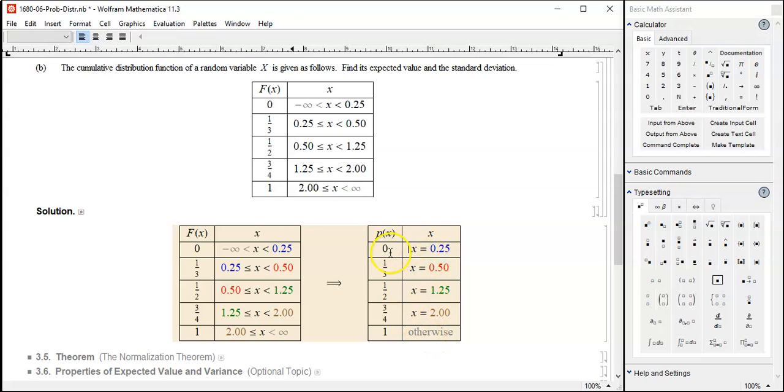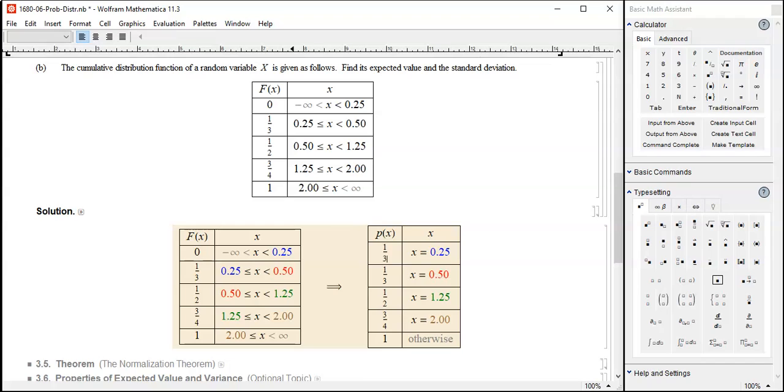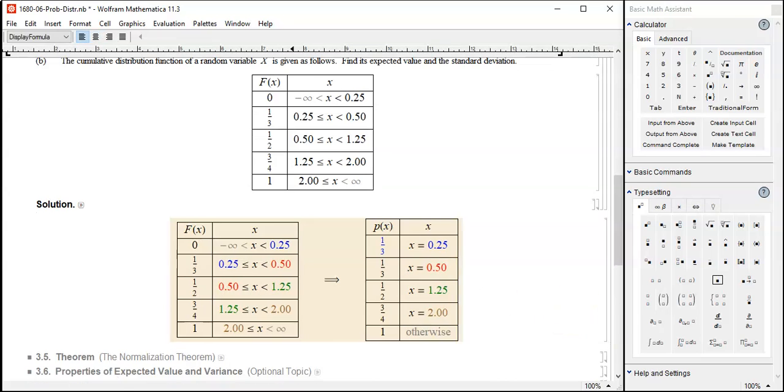These are the possible values. And then the probability. Okay, what do we have here? From 0 to 1/3, we took that jump. So subtracting, we get the probability mass of 1/3. Next, from 1/3 to 1/2, we did this accumulation. So going backward, we have to subtract, and that is 1/6.